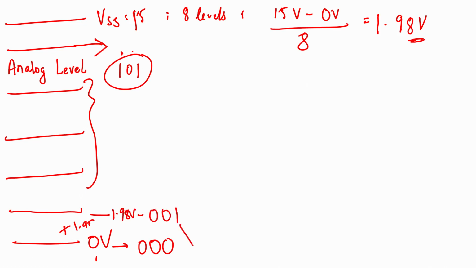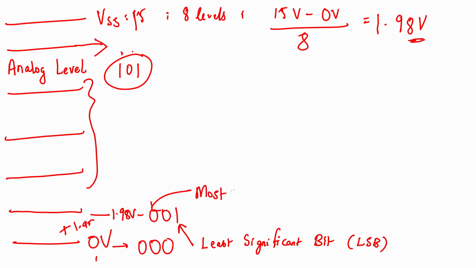So this is what you call the least significant bit or LSB, and this is what you call your most significant bit or MSB. Clear? This also you might have learned, but do you know why it is called so?